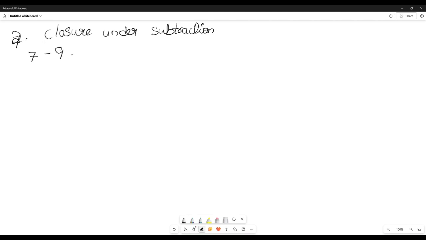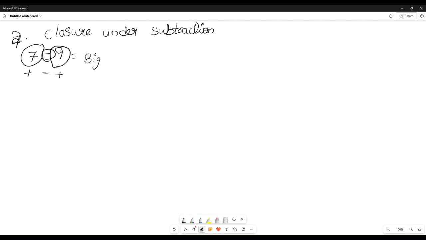7 minus 9. 7 is a positive number and 9 is a positive number again. But the sign between these two positive numbers is negative. So again it depends upon the bigger number. 7 is smaller than 9.